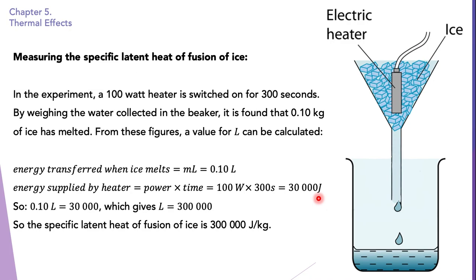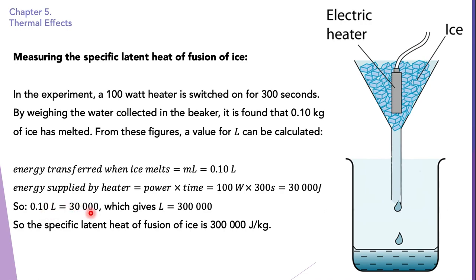So 0.10 multiplied by L would be equal to 30,000. When we rearrange this equation, we will get 300,000 joules per kg. So the specific latent heat, what we do is that we rearrange the equation.